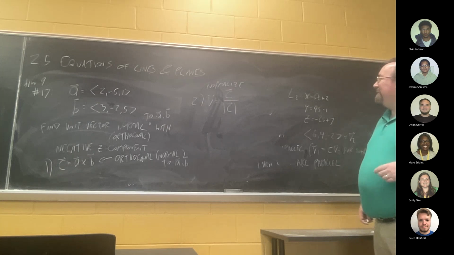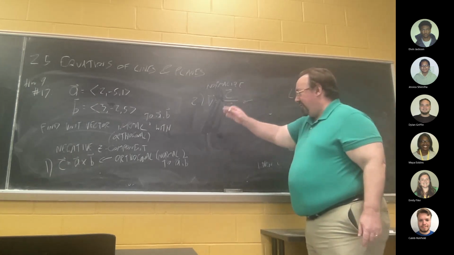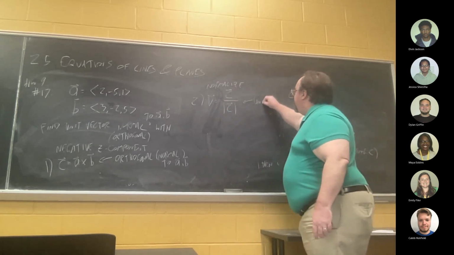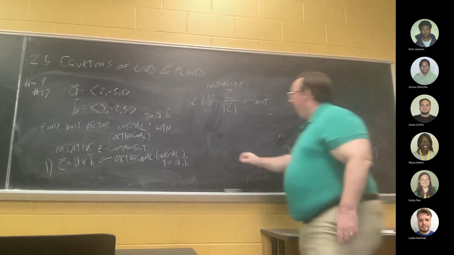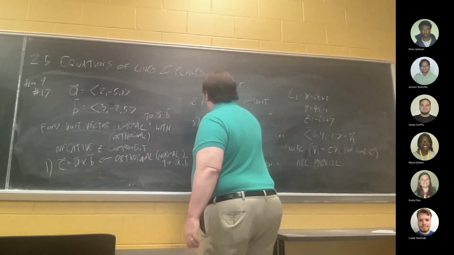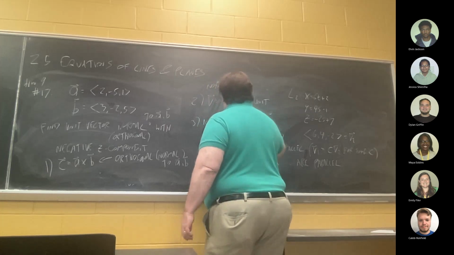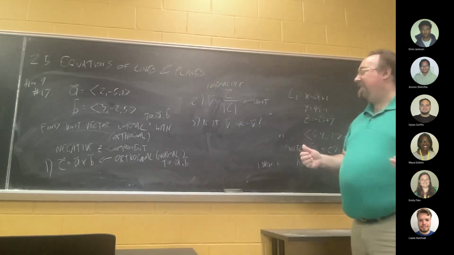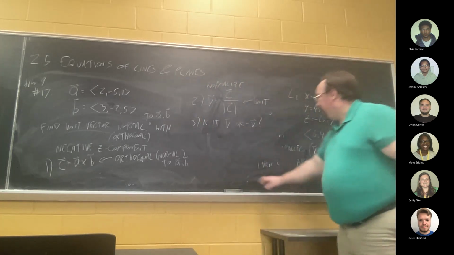So at least this vector, besides still being orthogonal to A and B, is also a unit vector, but there are two vectors that meet this description. Is it V or minus V? Whichever one has the negative Z component. So if this one doesn't, you just negate it.